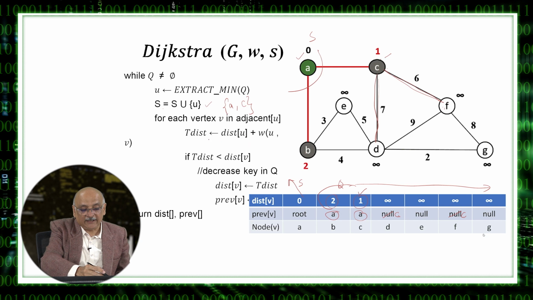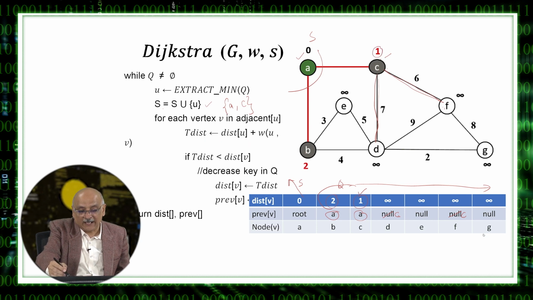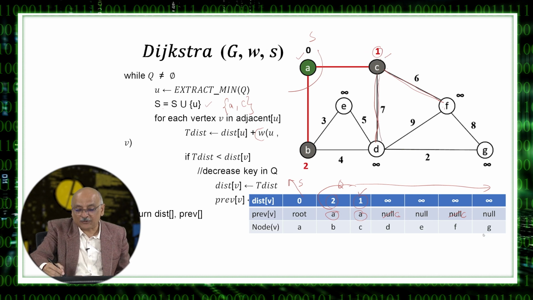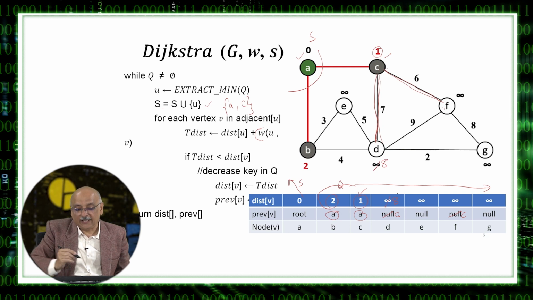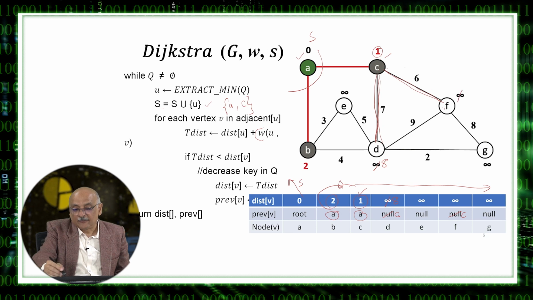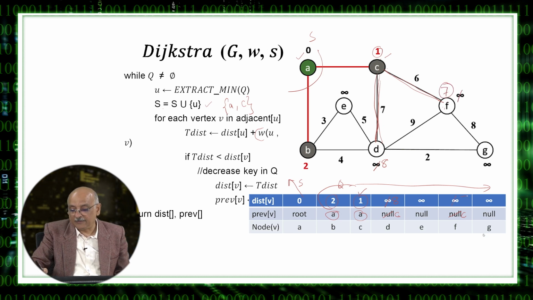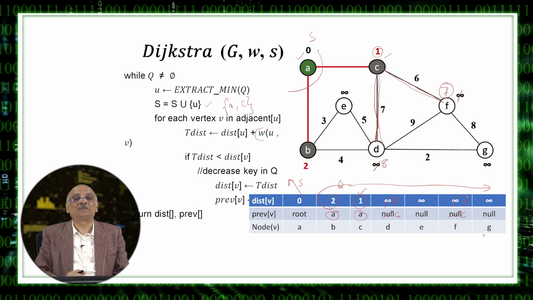Distance U is 1. And weight of UV happens to be 7. So this weight is changed to 8, right? So this weight is going to be 8 now. All right. And here it is going to be 1 plus 6, 7. So this weight will be converted to 7.